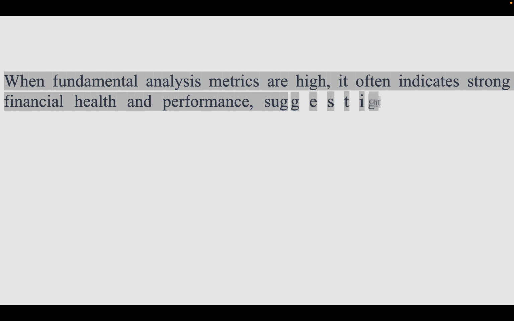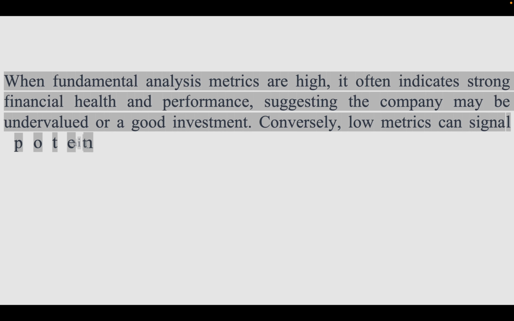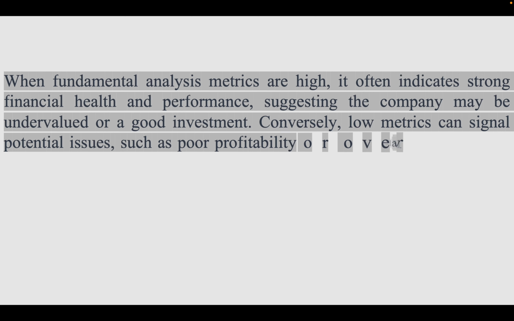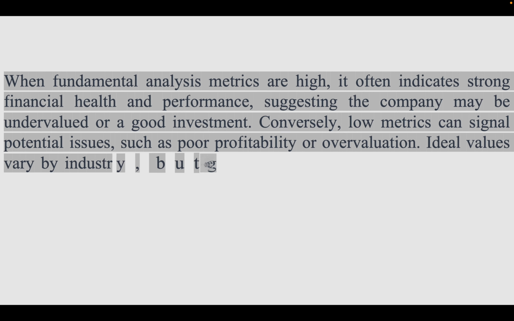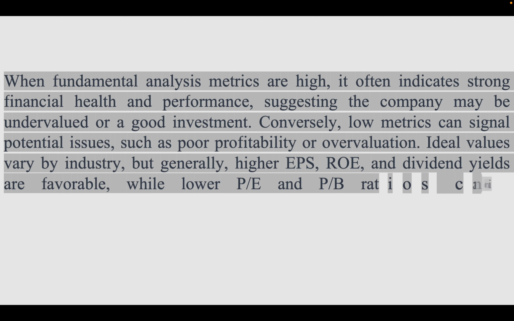When fundamental analysis metrics are high, it often indicates strong financial health and performance, suggesting the company may be undervalued or a good investment. Conversely, low metrics can signal potential issues such as poor profitability or overvaluation.